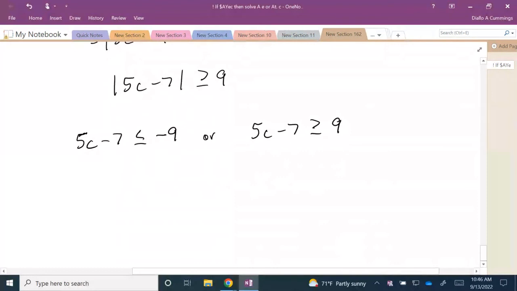All right, and now we're going to solve. Taking a look at that first equation, I'm going to add 7 to both sides. So I have 5c is less than or equal to negative 2. I'm going to divide both sides by 5. So c is less than or equal to negative 2/5.